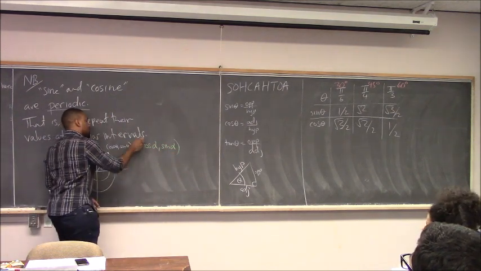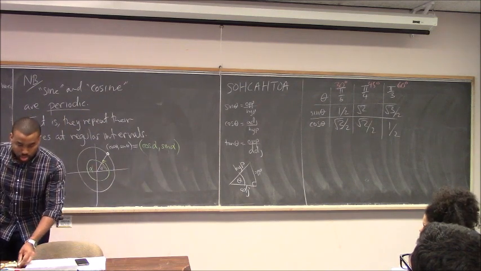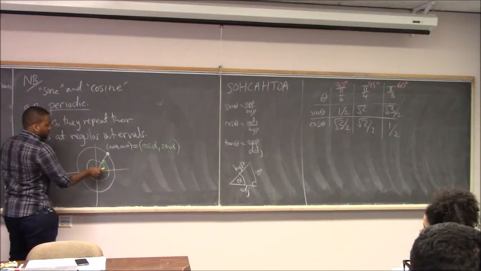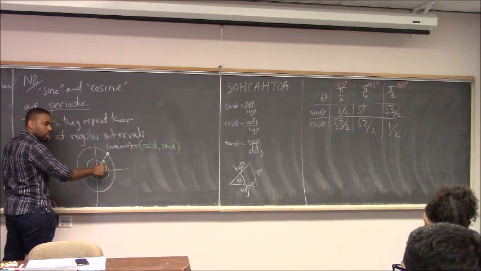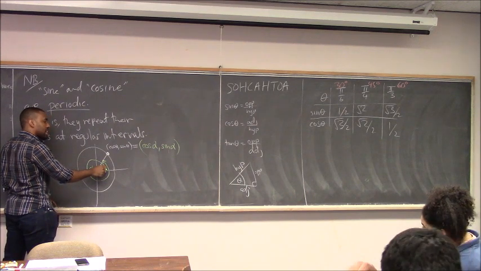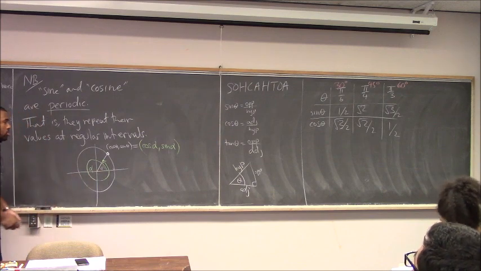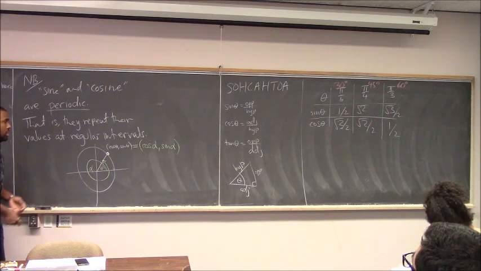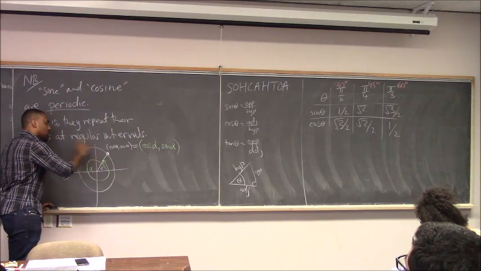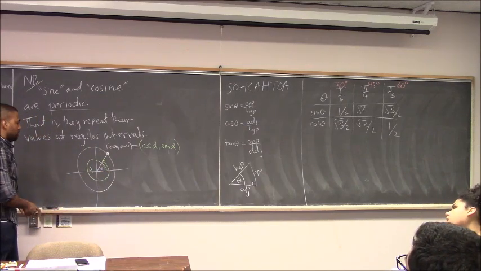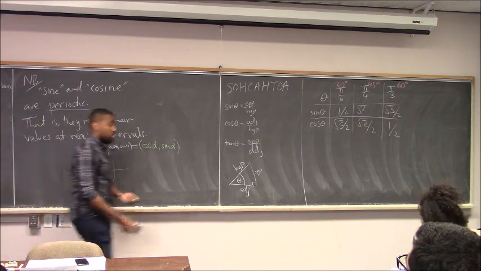The values will repeat themselves because you're just going around in a circle. In fact, for every time you go around a full circle, which last time we learned was 2 pi radians, the values of the sine and the cosine will start repeating themselves. So along a circle, you can measure angles of any value from negative infinity to positive infinity, and however, there are always values that will be repeated.